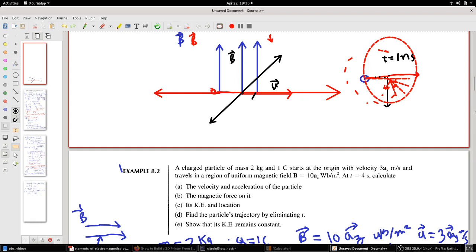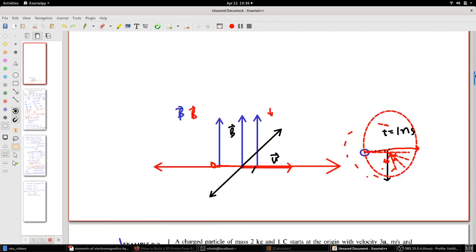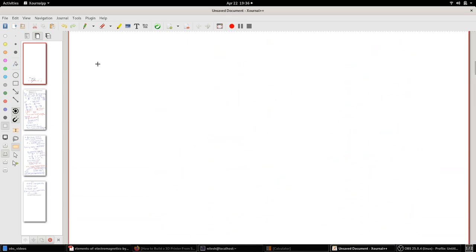Clear? One more thing which I wanted to explain here, which I missed last time, was related to the current loop.